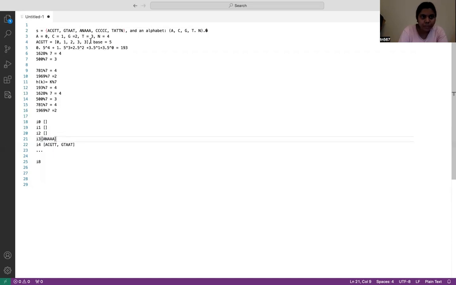And the fourth string is going to be placed at 4 since its hash value is 4. And the last string is going to be placed at index 2. Likewise, here we have solved the collision by using the chaining process.